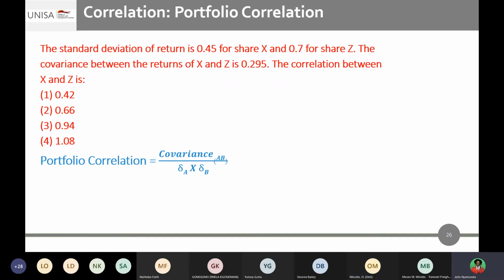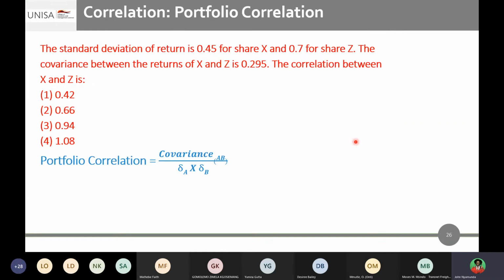Tell me the answer. Okay, so people are committing to option 3, 0.936. Ladies and gentlemen, we are all agreeing on option 3.